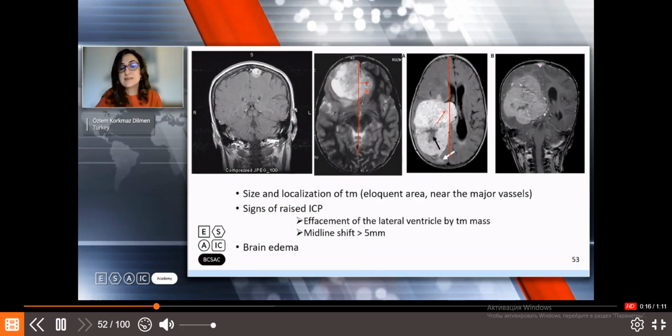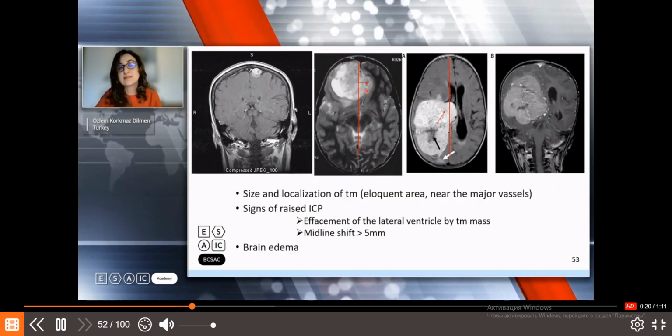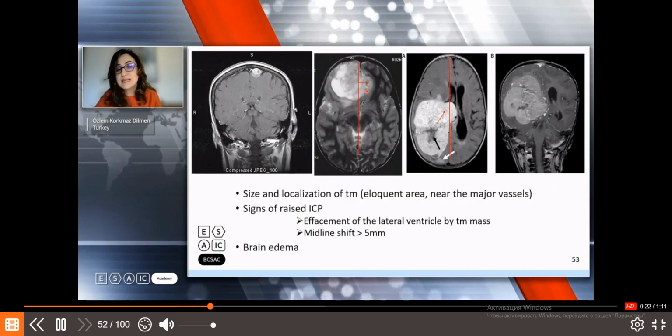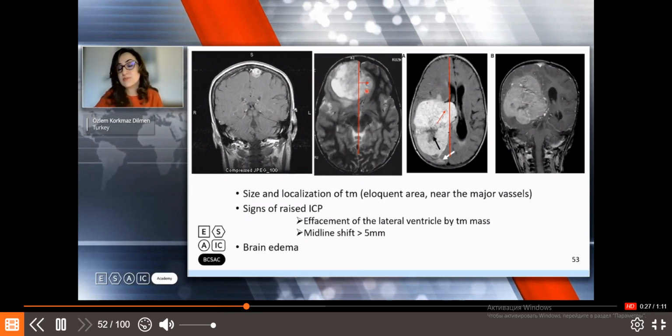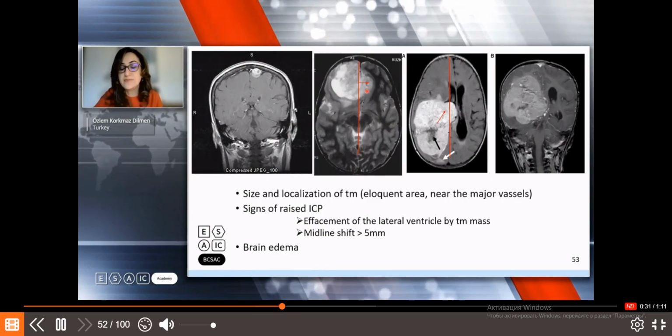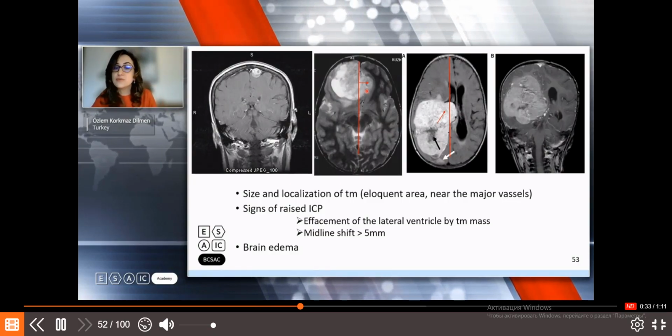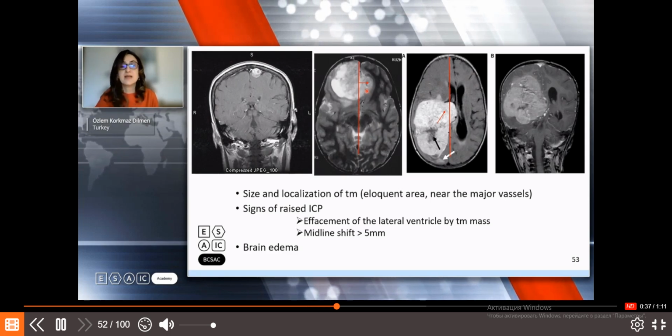The size and localization of the tumor is very important. The tumor may be localized in the eloquent area. That's why those patients would need awake craniotomy, and some tumors would be near the major vessels.